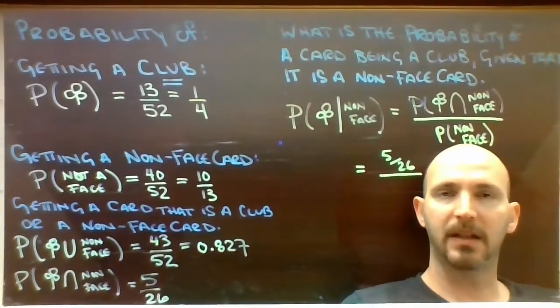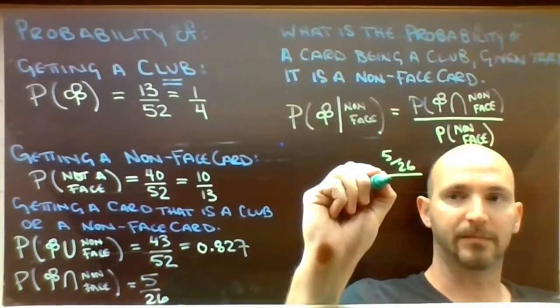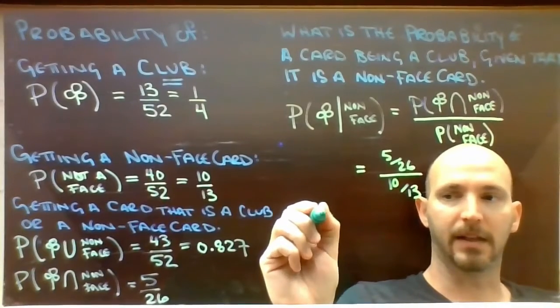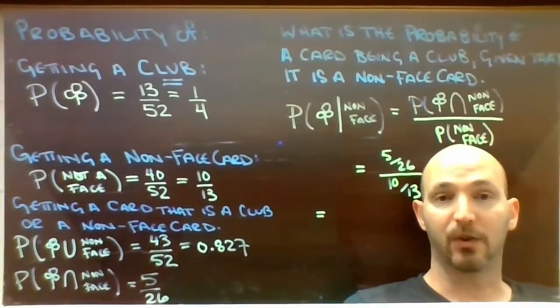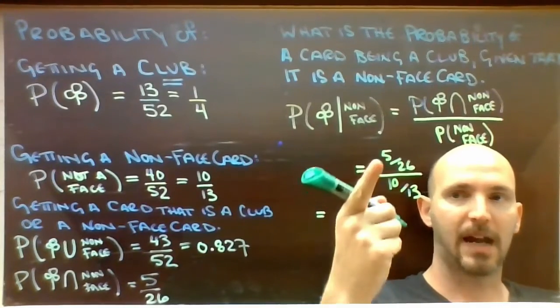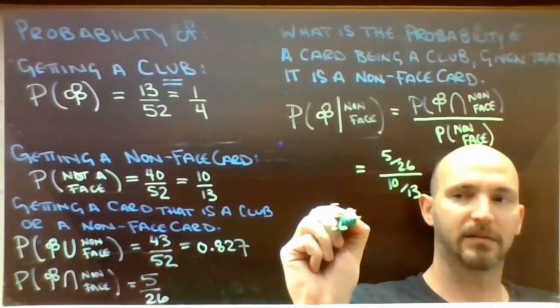And the probability of it being a non-face card was 10 out of 13. Alright, now, you're going to have to get your fraction skills in order to work something like this out.